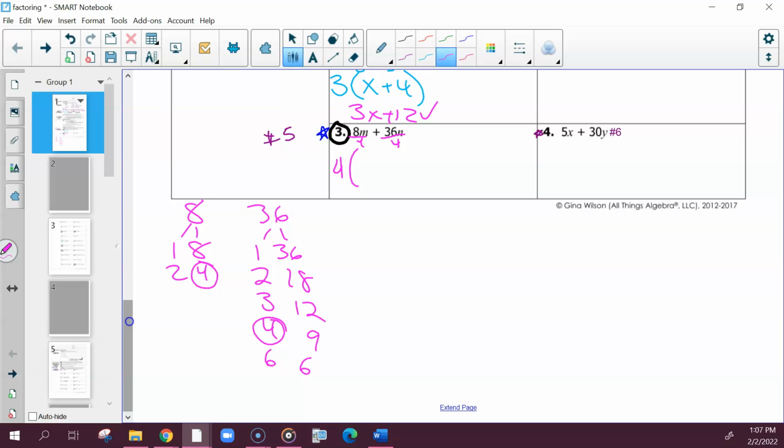The m and the n. Yes, 2m plus 9n. So you weren't wrong, Josh, but you just missed the numbers. Now when I look at this factor, I can't take anything else out of the inside. The inside is prime, so this is my answer.